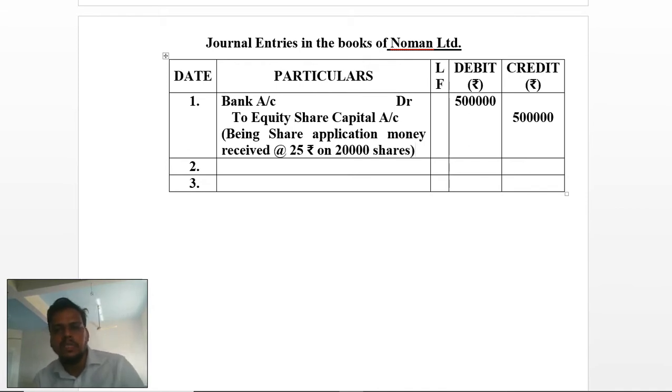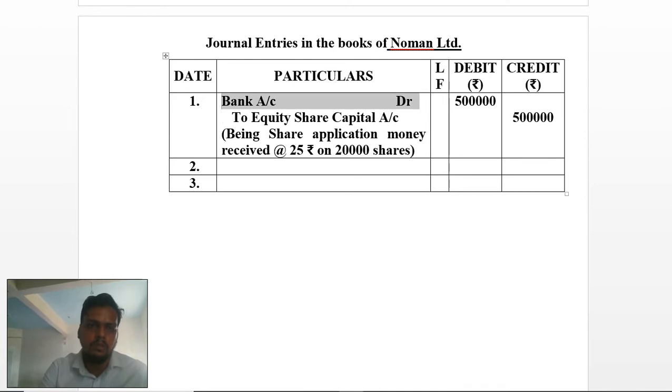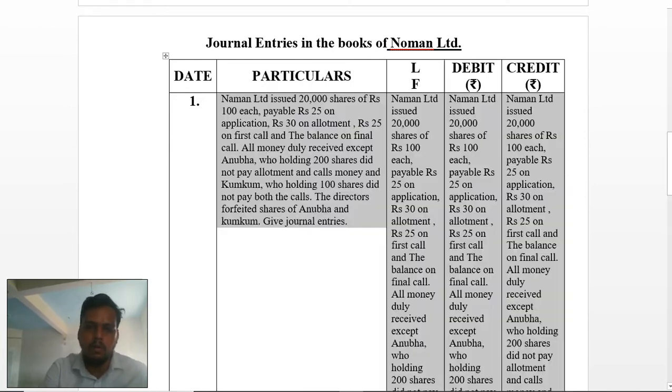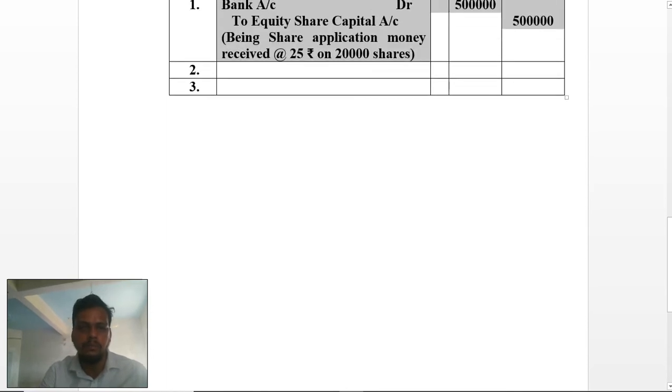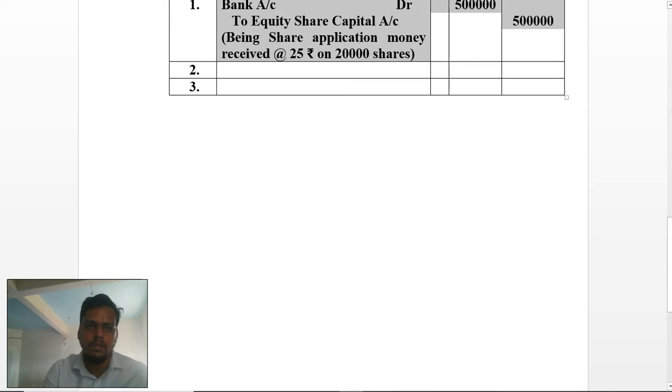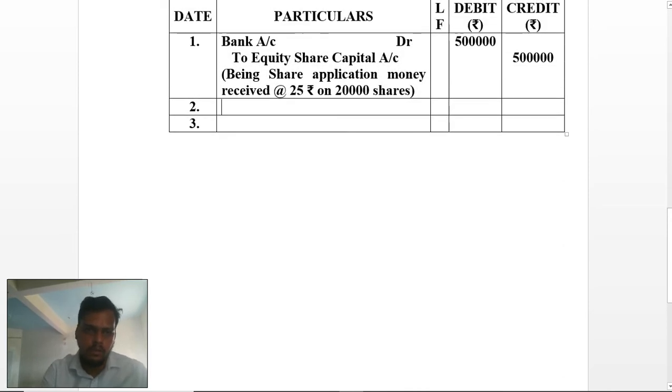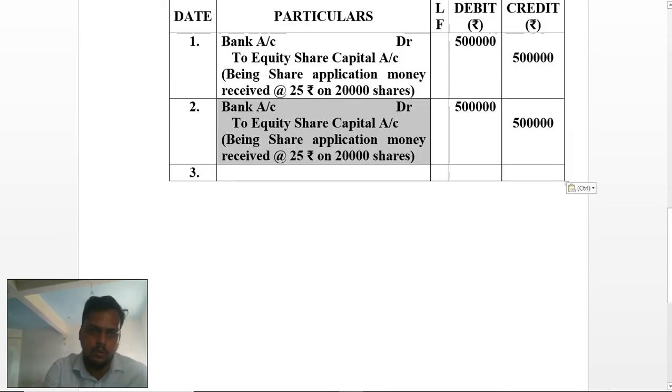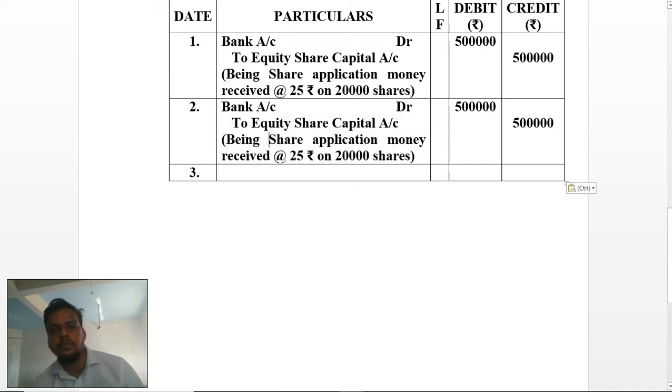This is the basic entry which we have done multiple number of times. Now I am just copy pasting the same amount, but the entry will change a little bit. Control V. Here the amount has become due.